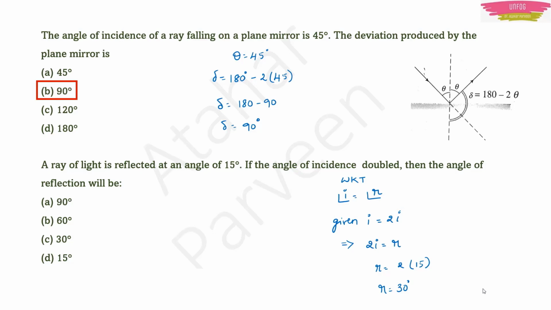We know that angle of reflection is equal to angle of incidence. Now angle of incidence is doubled. So angle of reflection will become 2 times angle of incidence. With that we can find angle of reflection, right? So here the angle given is 15 degrees. So reflected ray will be at an angle 2 times that 15 degree, or the answer will be 30 degree. Okay.